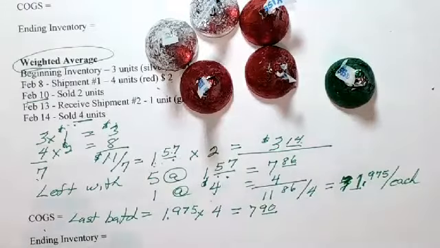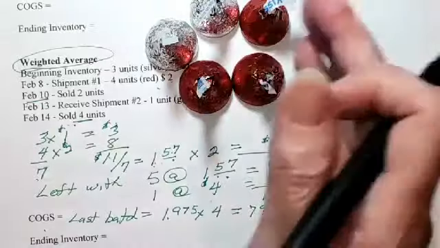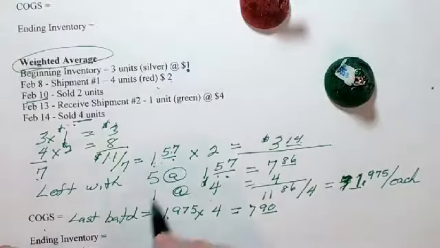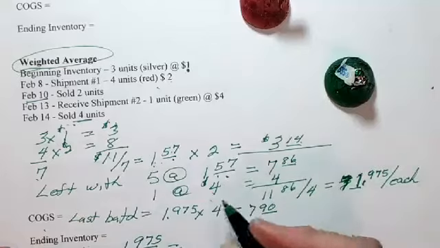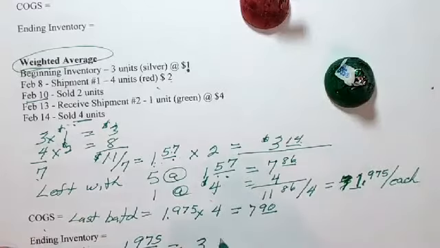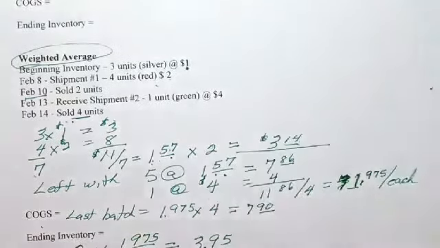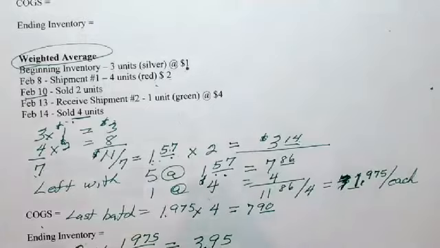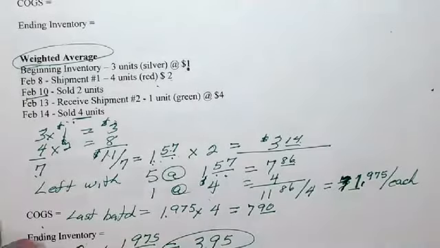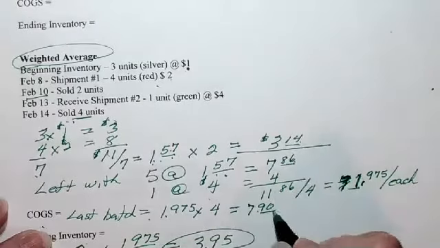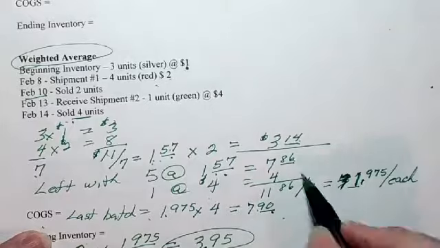And my ending inventory then, so I still have 2, and I'm going to say they're at $1.975. So that is $3.95. So my ending inventory really is $3.95. My cost of goods sold is the $7.90.